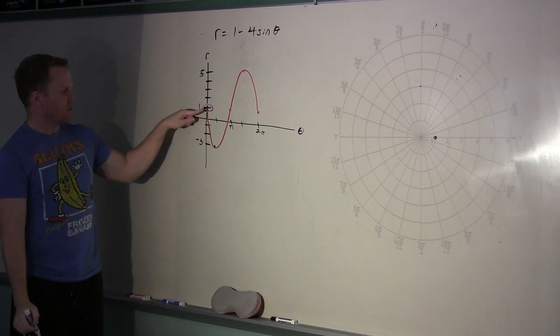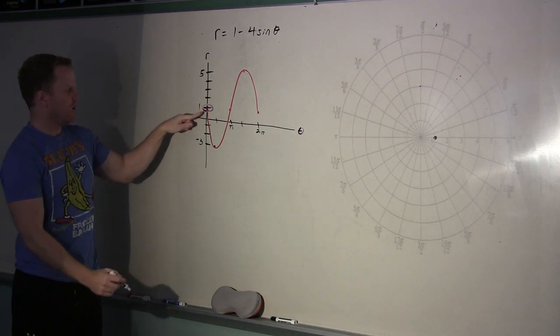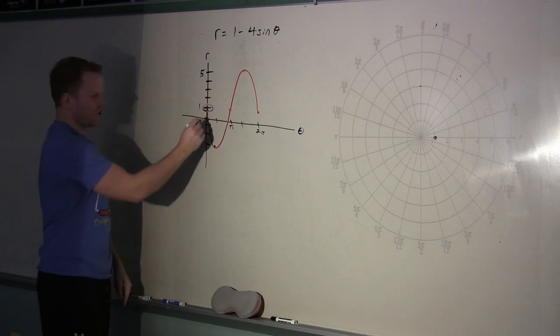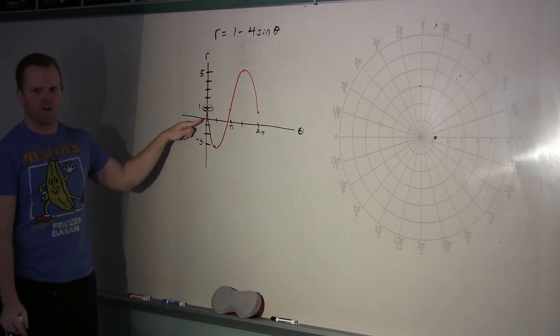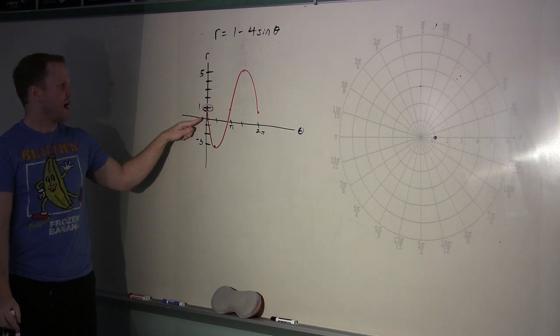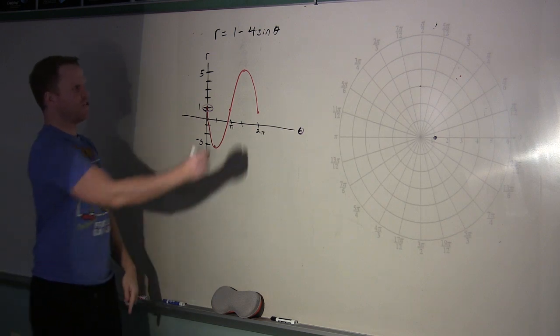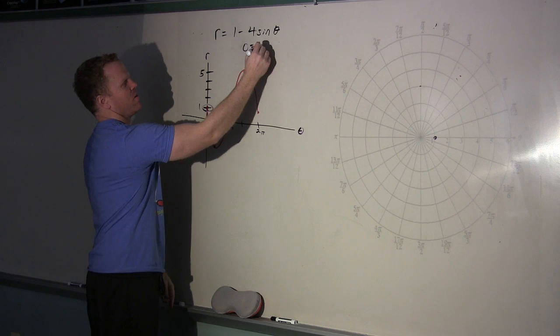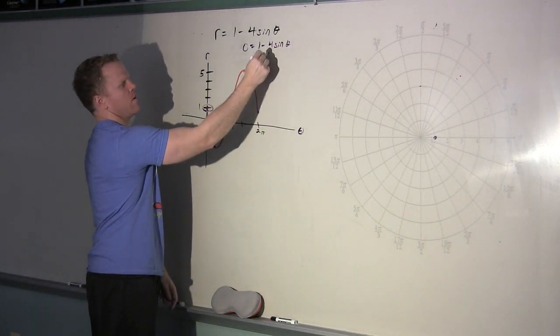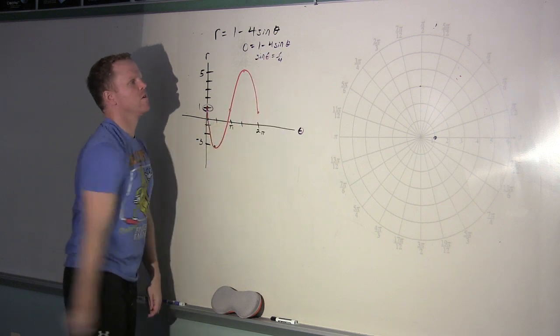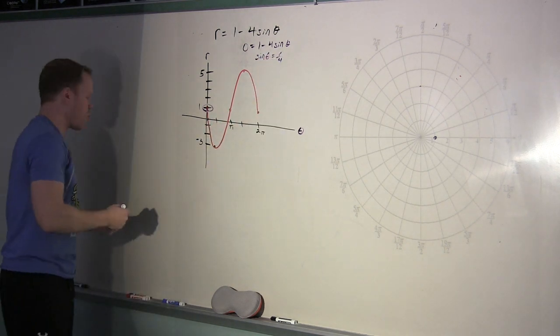And then as theta gets bigger, r just gets smaller until eventually r is 0. I'm not entirely sure where r actually hits 0. I could find it if I really wanted to by setting r equal to 0, and I get sine of theta is a quarter.